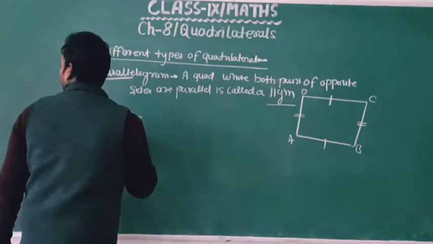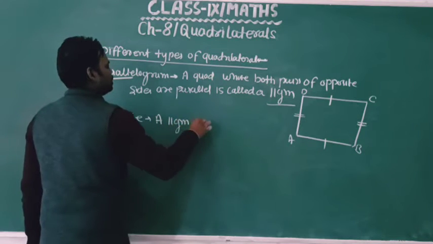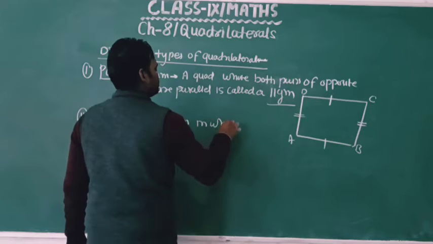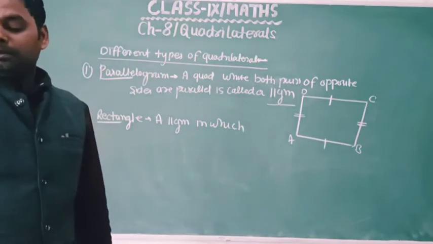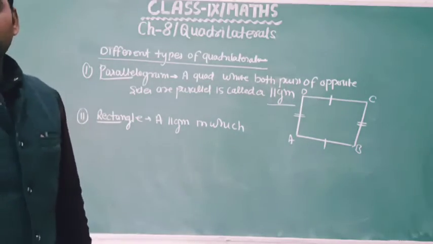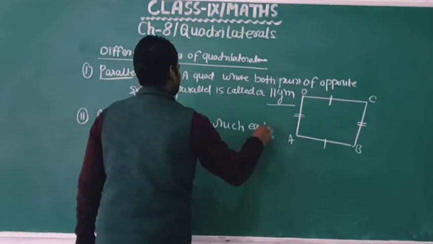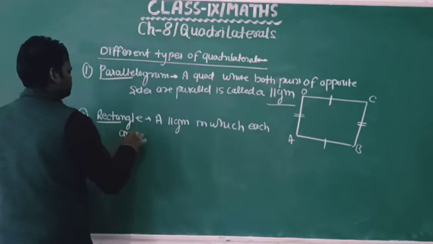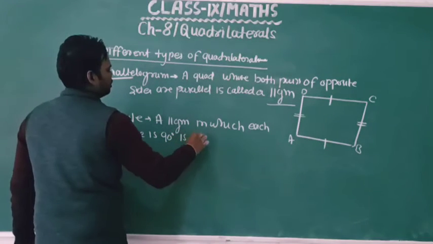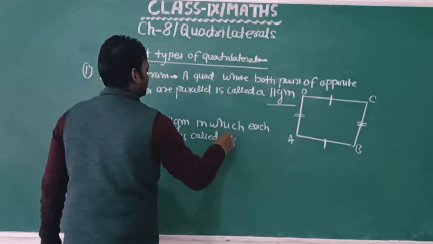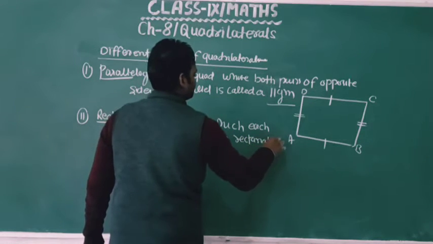The definition of a rectangle is a parallelogram in which each angle is 90 degrees.